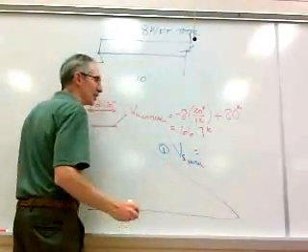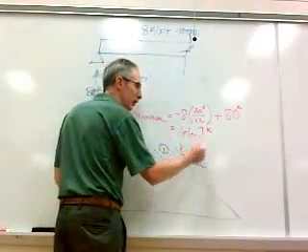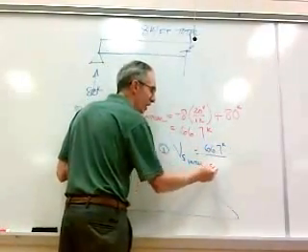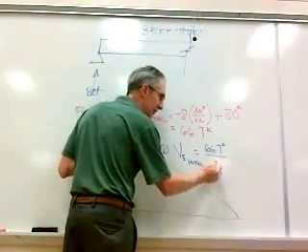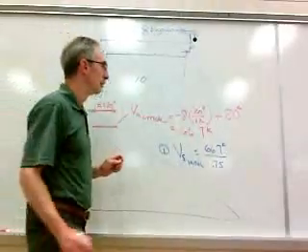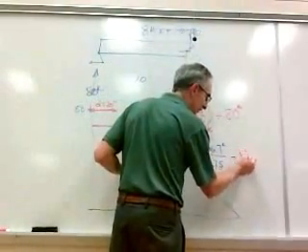And that is going to be equal to Vu critical divided by phi, which is 0.75 for shear, minus Vc.